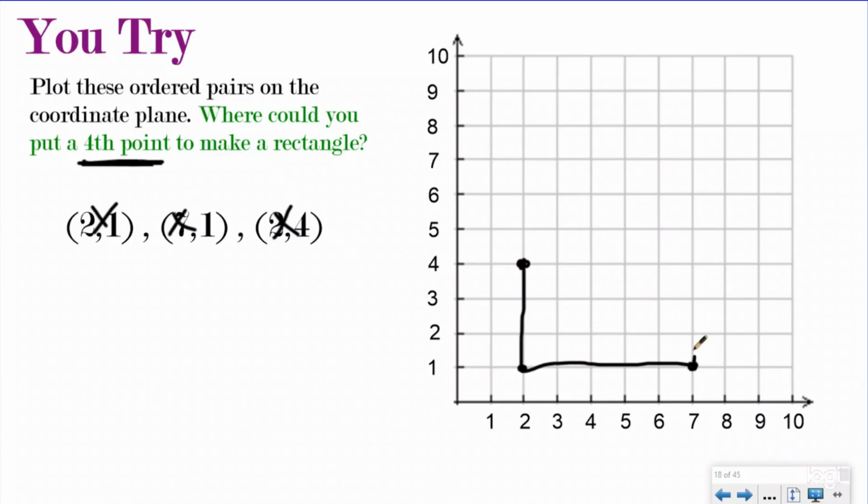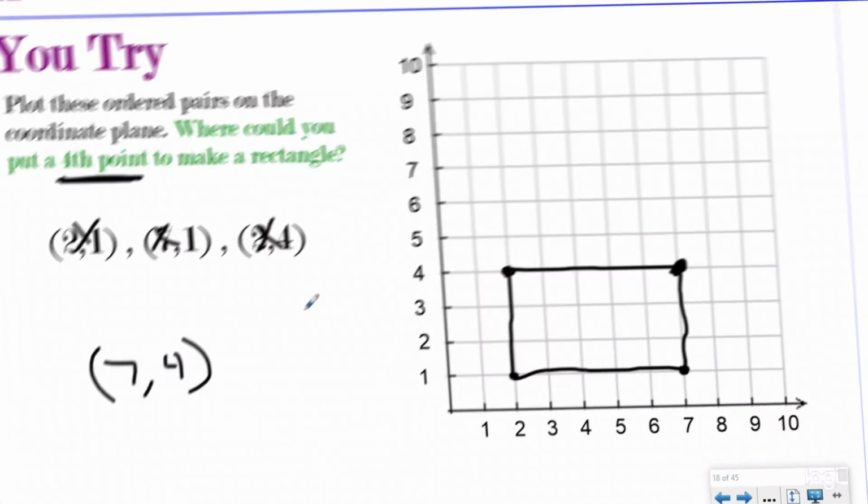So if I kept drawing these lines right here and I wanted them to meet to form a rectangle, it would have to be this ordered pair right here, which when I shuffle over, if I start at the origin, my x coordinate would be 7 and my y coordinate would be 4. So the ordered pair you were looking for to form a rectangle would be 7, 4.